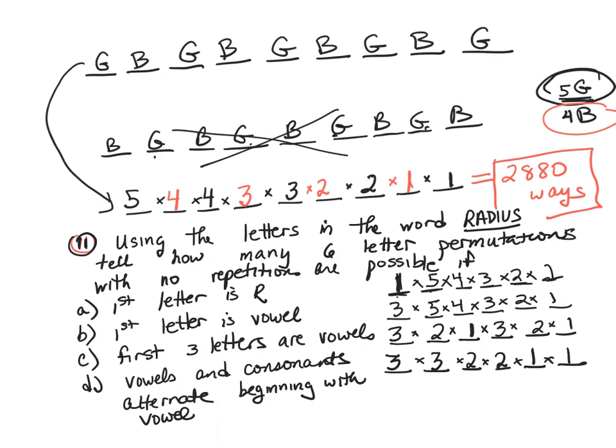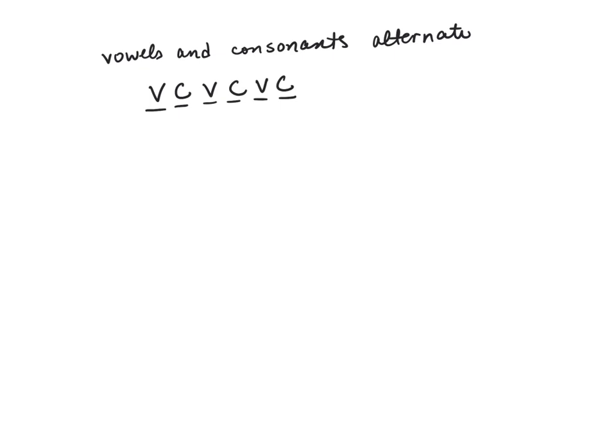So here we have vowel, consonant, vowel, consonant, vowel, consonant. That would be the answer because they did say beginning with a vowel. But suppose they didn't specify which one we should begin with.